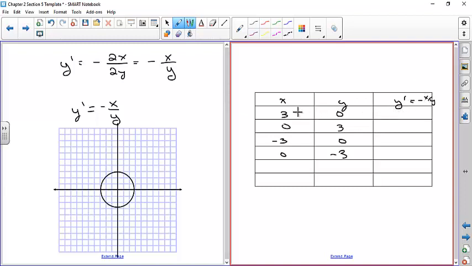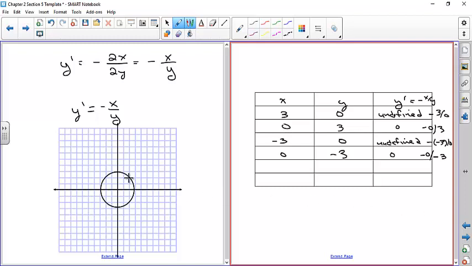So in this case, this is undefined, because you'll get negative 3 over 0. This one is 0, because you'll get negative 0 over 3. This one is undefined again, you get negative 3 over 0. And this is 0, it's negative 0 over negative 3.